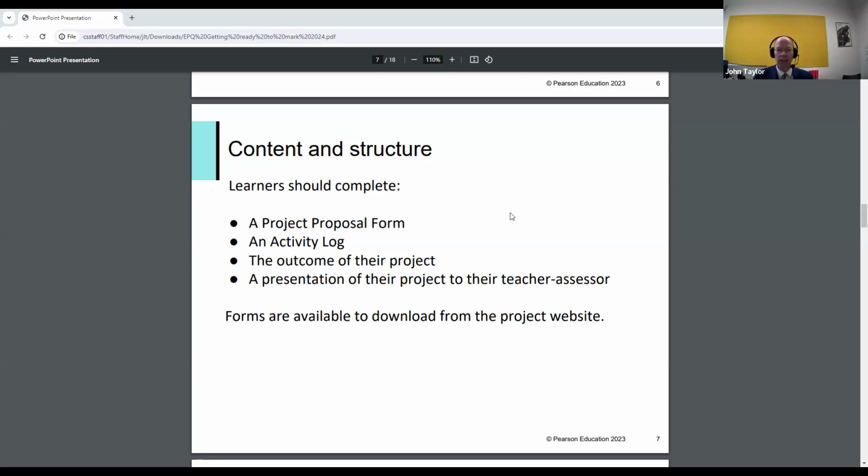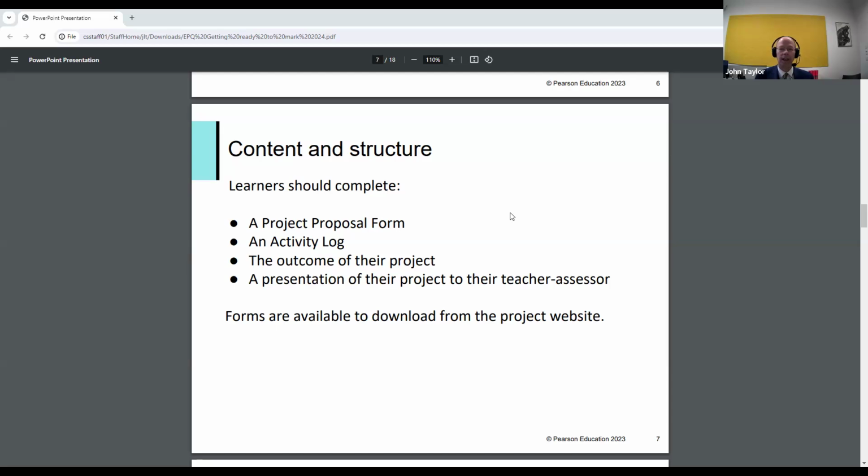The outcome in the case of a dissertation or an investigation will be a written report. If the project is a performance project, it could contain a written report, or it could be produced, and this is true of artifact projects as well, it could be produced in another form. I'll leave Rachel perhaps to say a little bit about that when we're thinking about the assessment evidence objectives and what they might look like in terms of learner work.